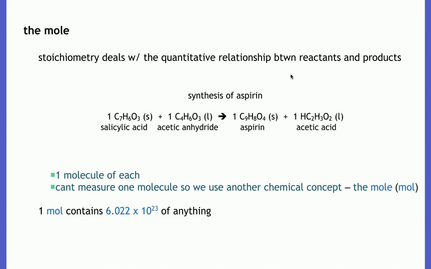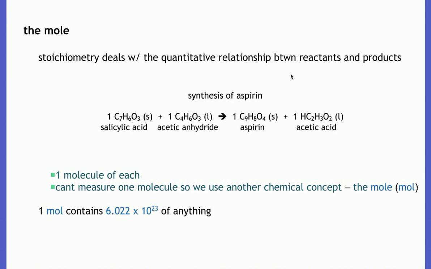So if I have one of those salicylic acid molecules and one acetic anhydride molecule, I can make one aspirin molecule, and then I'll also have that acetic acid product. So when I'm looking at this, I'm thinking about it as literally one molecule. But the problem is that's not even reasonable.